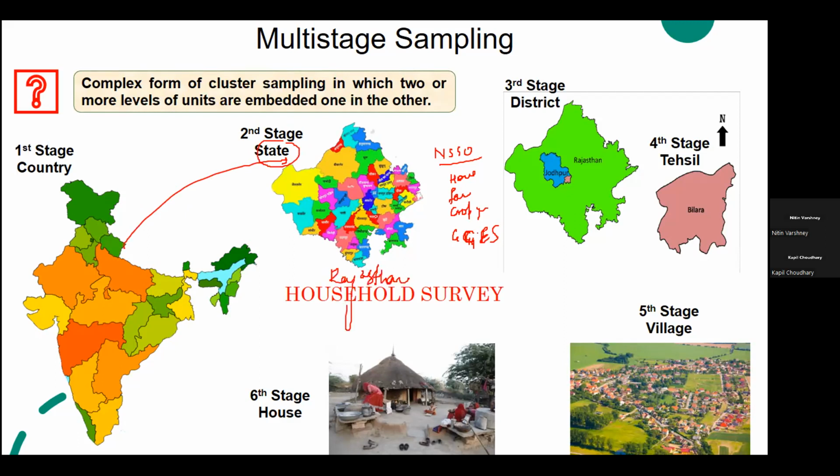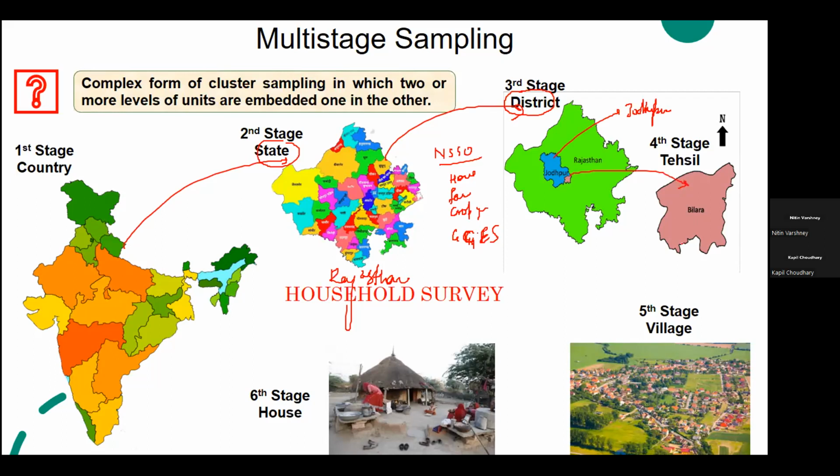Then from the state we will select a district. So out of so many districts in Rajasthan, suppose we have selected Jodhpur. So Jodhpur is my third stage, the district. Out of Jodhpur, there are so many talukas, suppose I have selected Bilara Taluka.